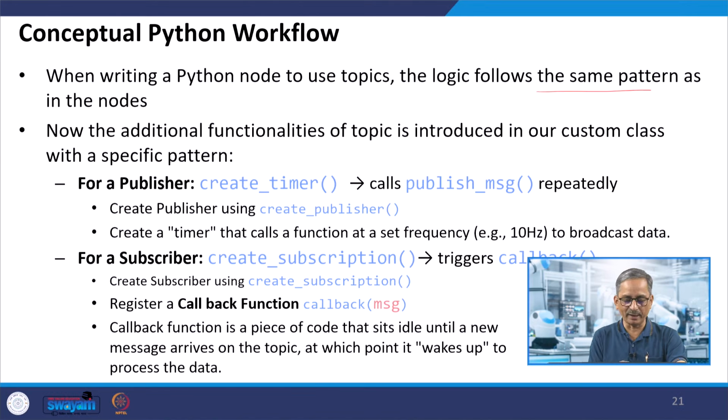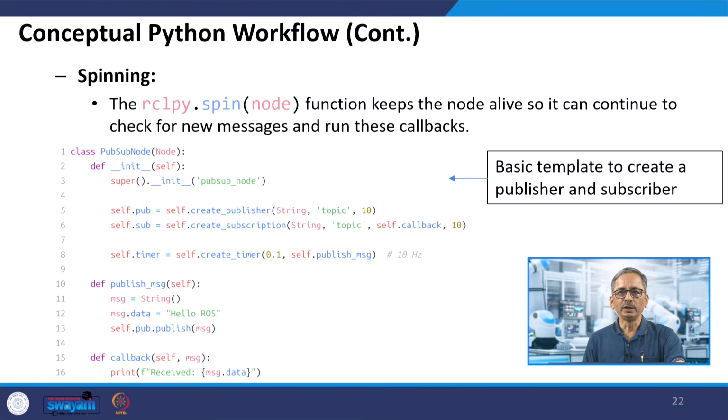For a publisher we can call create publisher and publish, then for a subscriber, create subscription, and so on. So here is a basic template to create a publisher and the subscriber.